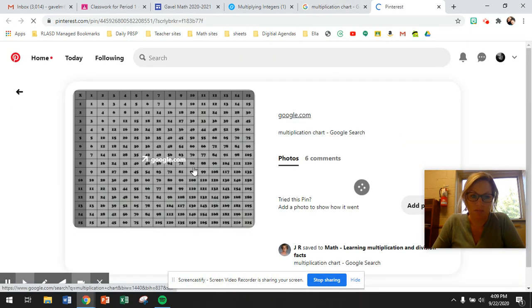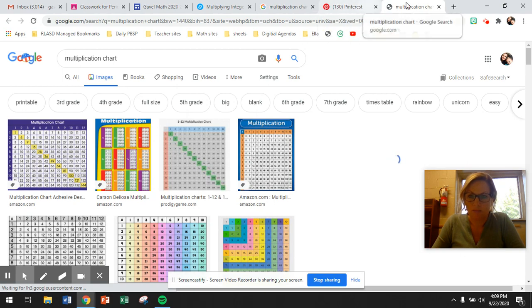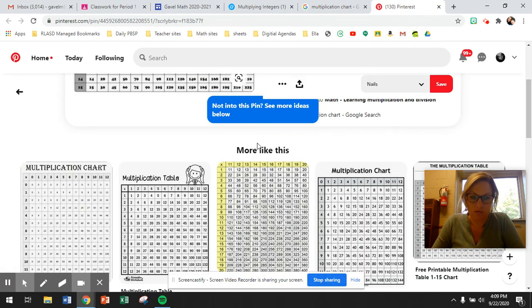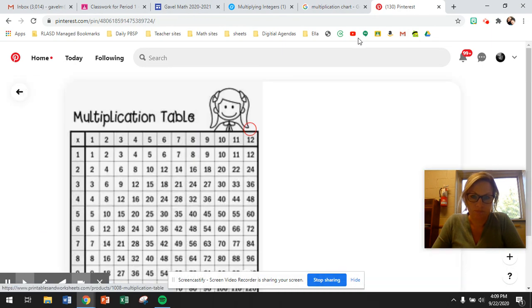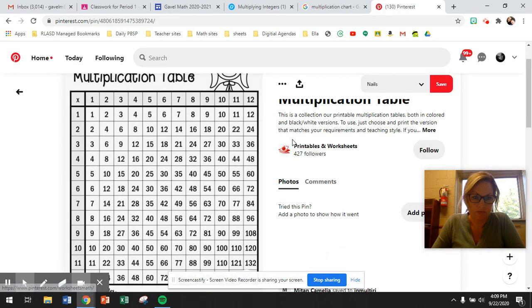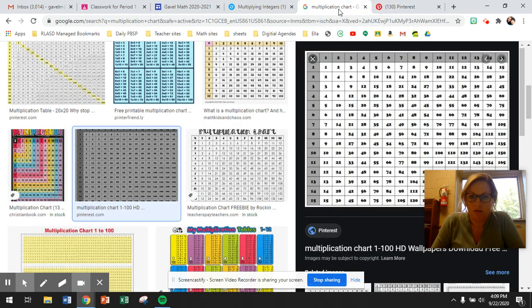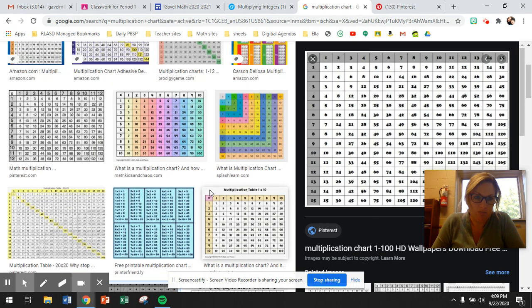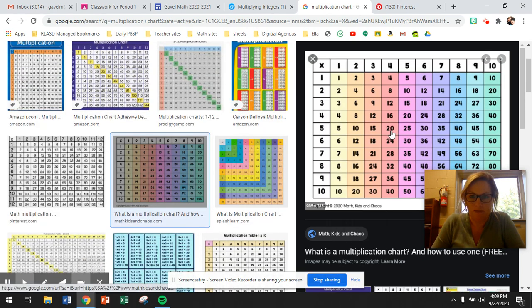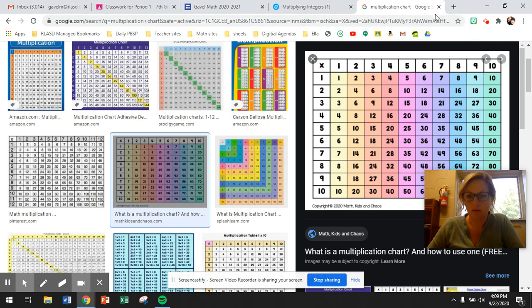You just click on it and it pops up. There are all different ones that you can pick from if you need one. If you're here at school, I have them, but I can't give you paper because you're at home. So anyway, I'll just use this one because I like the colors.